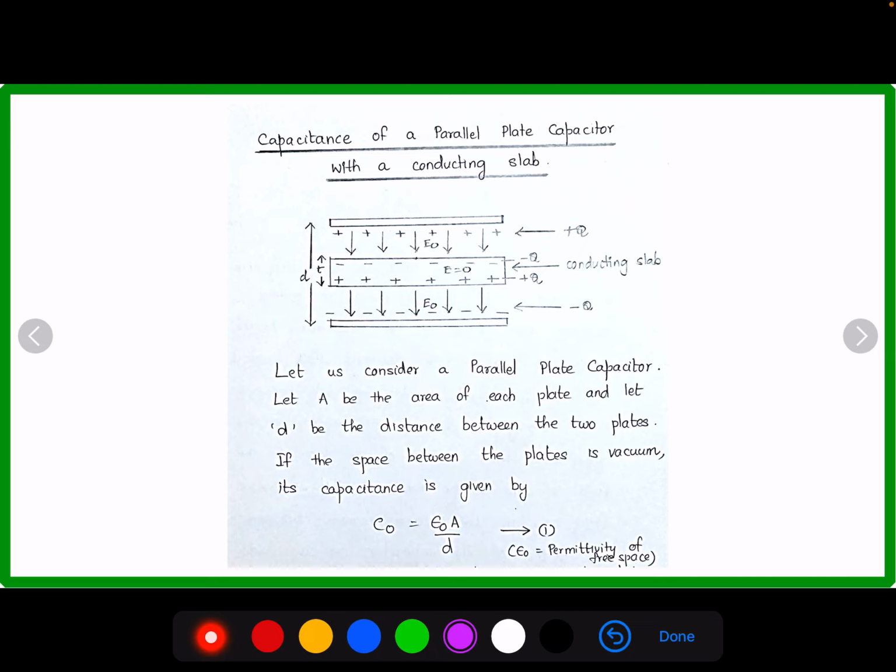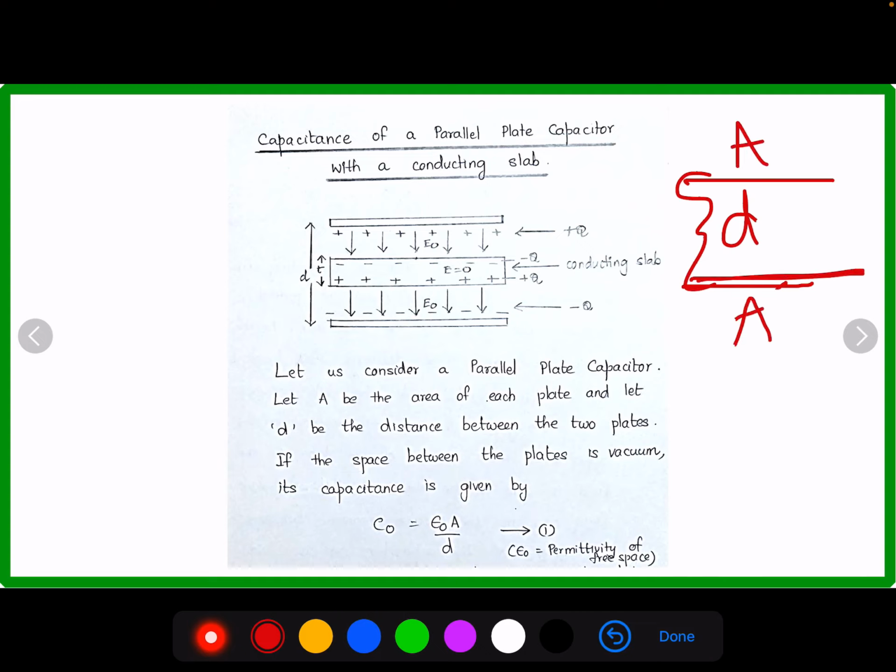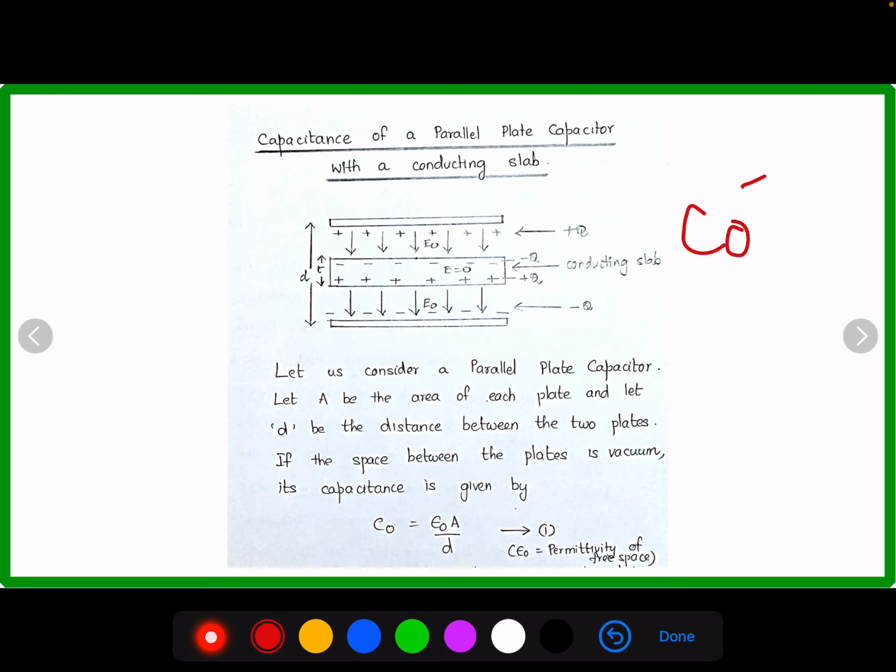Let us take a parallel plate capacitor with two parallel plates like this, with a distance of small d between the plates, and each plate has a cross-sectional area capital A. If there is no dielectric slab or conducting slab, and only vacuum in between the plates, then the capacitance of a parallel plate capacitor is given by C naught is equal to epsilon naught A by d.